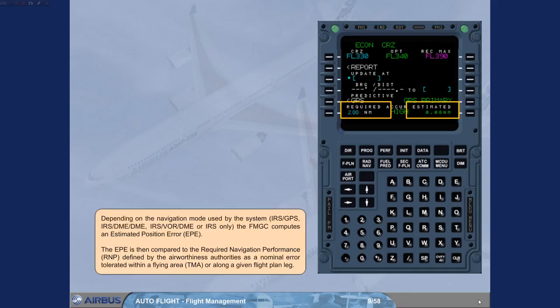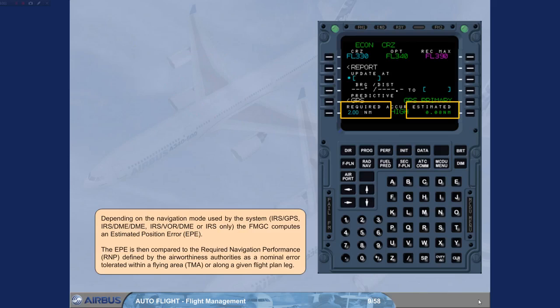Depending on the navigation mode used by the system, IRS, GPS, IRS, DME, DME, IRS, VOR, DME, or IRS only, the FMGC computes an estimated position error, EPE.